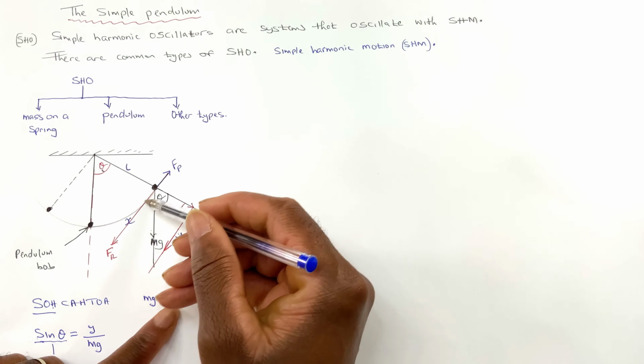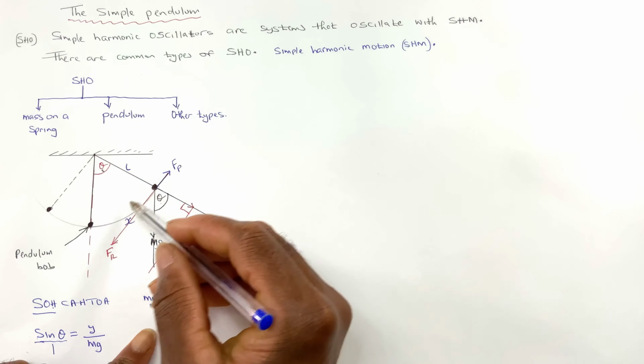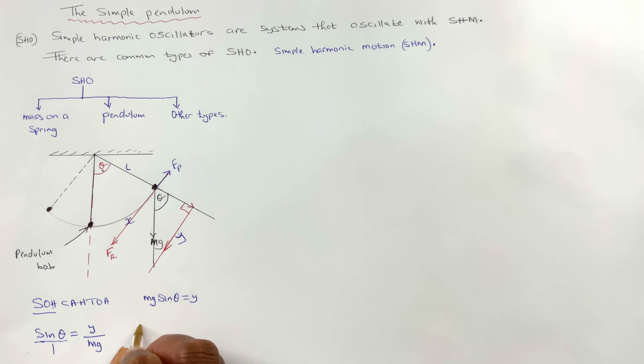So now I know that Fr, the restoring force, is minus mg sine theta, because it is going in the opposite direction to the displacement. So now I can say Fr is equal to minus mg sine theta.